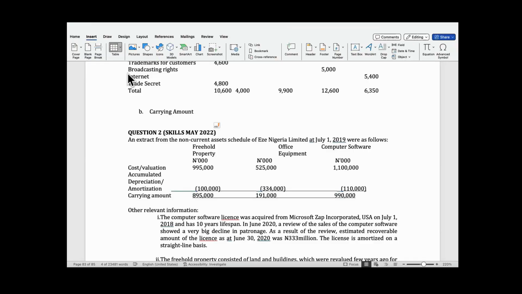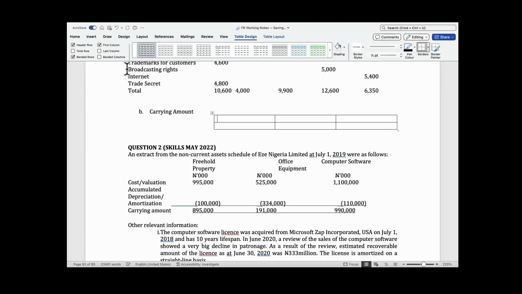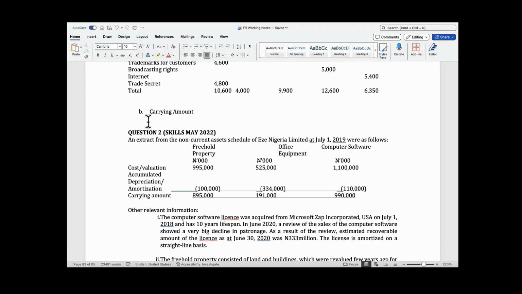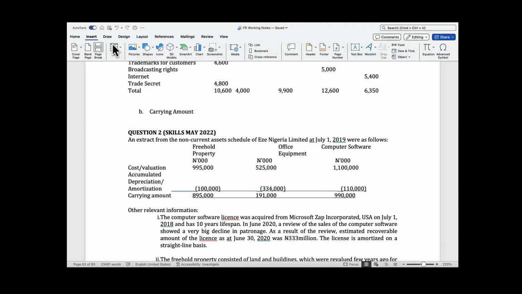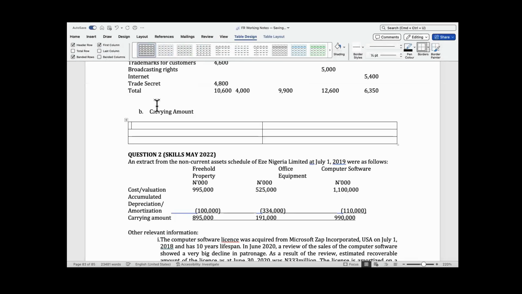Please, can you help us to just state the formula, maybe below the carrying amount?